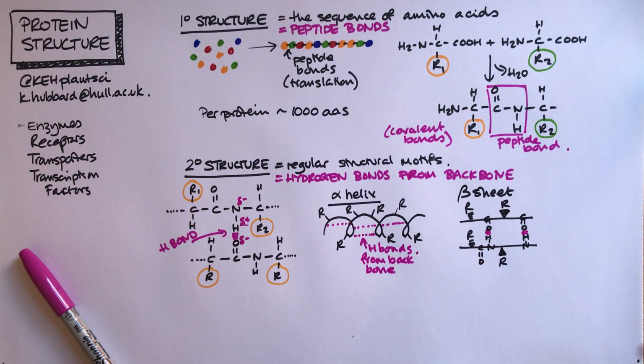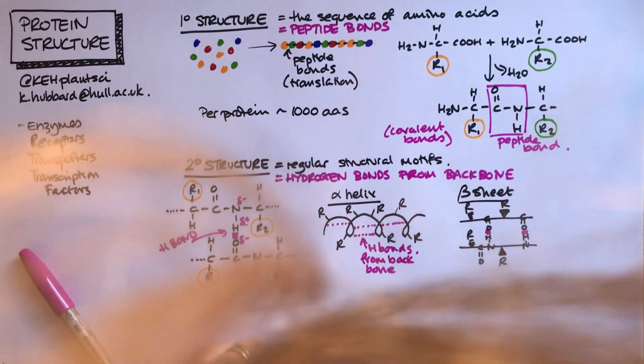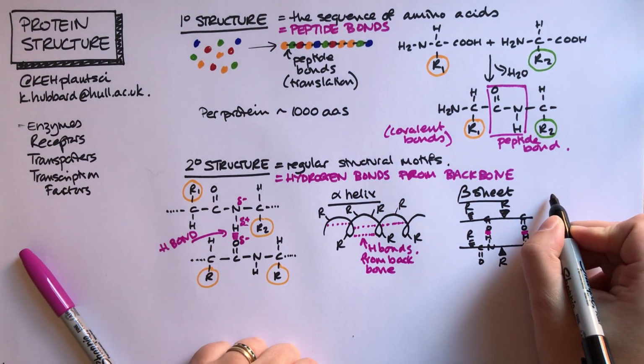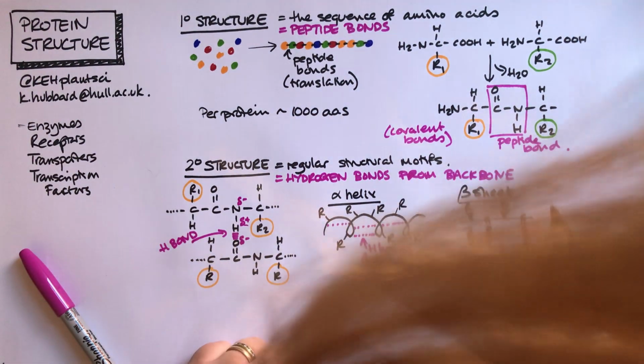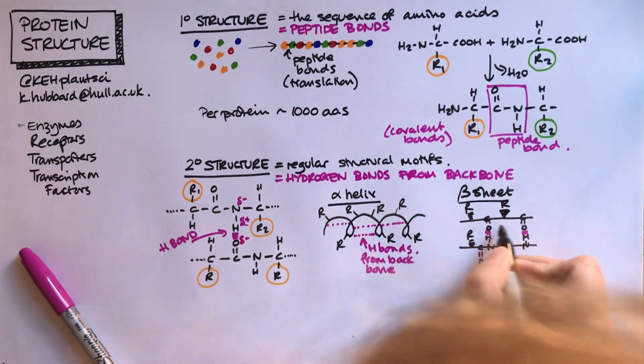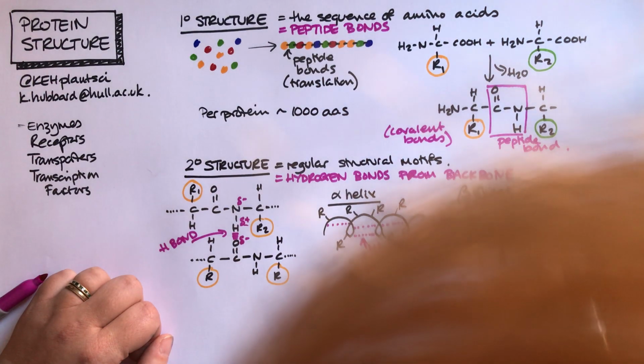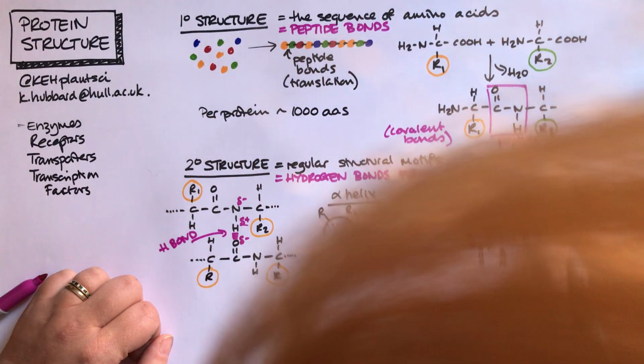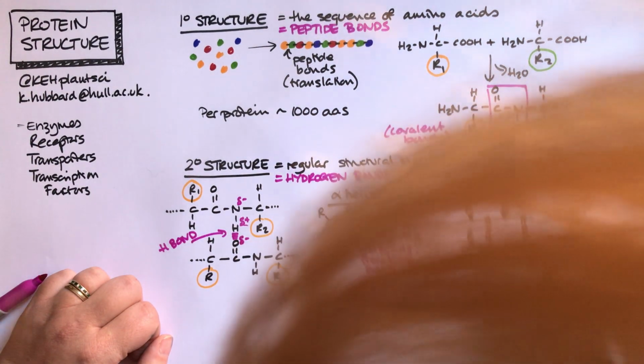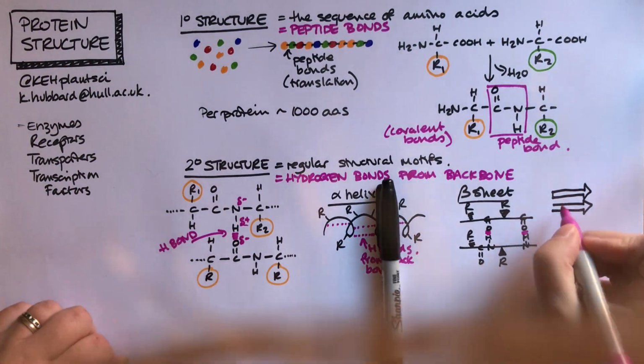Beta sheets. We've got two different versions of them. You can either have what we call a parallel beta sheet. These strands have a directionality to them. So we can either have the two strands going in the same direction, with hydrogen bonds between them.